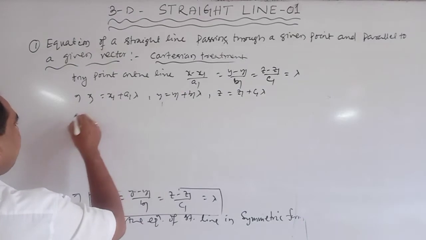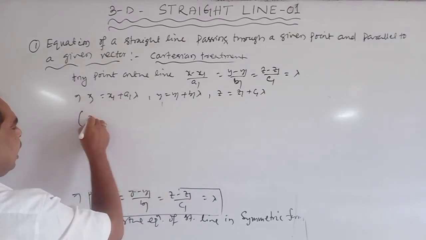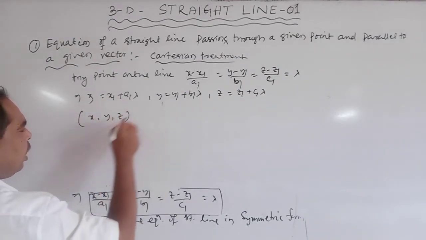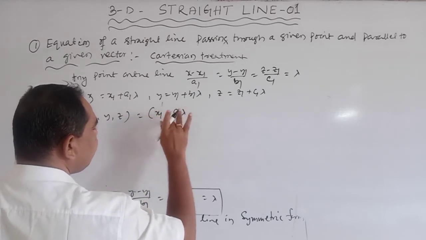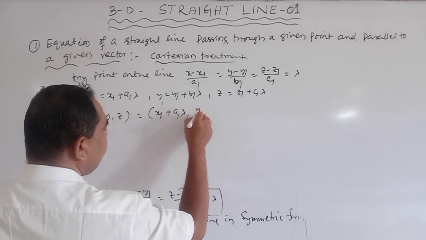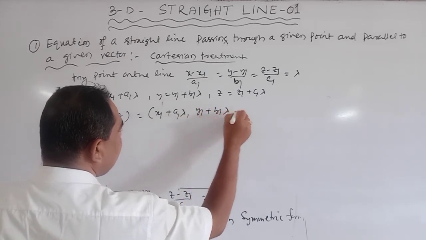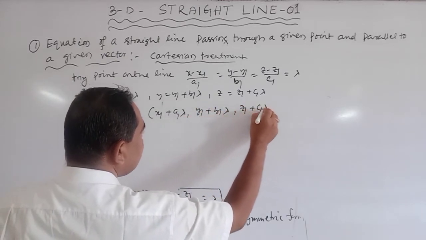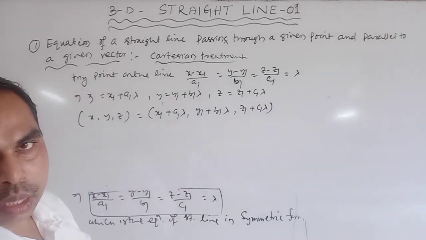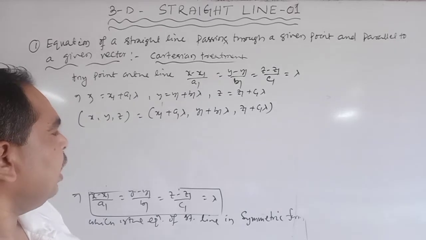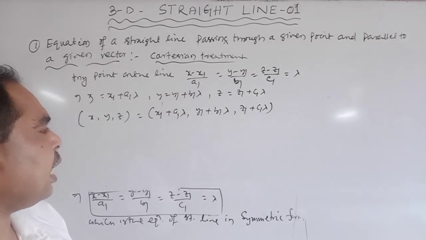So any point x, y, z is equal to x1 plus a1 lambda, y1 plus b1 lambda, z1 plus c1 lambda. This is any point on the line where lambda is any scalar.